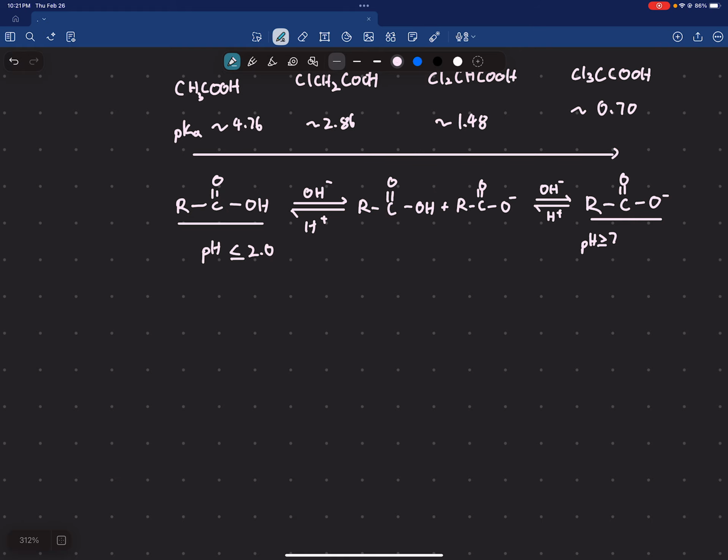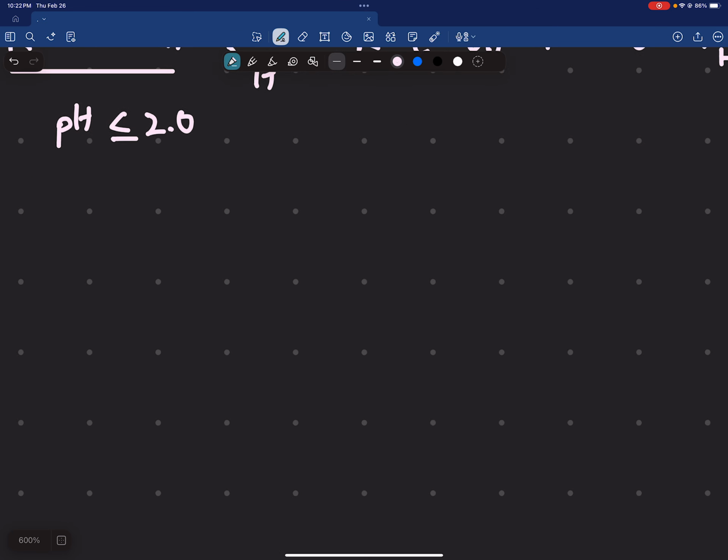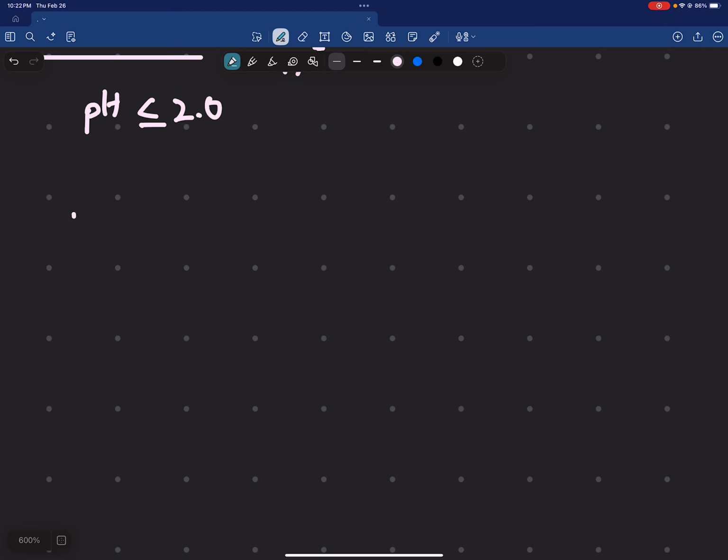So carboxylic acids, whether soluble or insoluble in water, will react with sodium hydroxide, potassium hydroxide, and other strong bases that will give water-soluble salts. Benzoic acid is not very soluble in water.